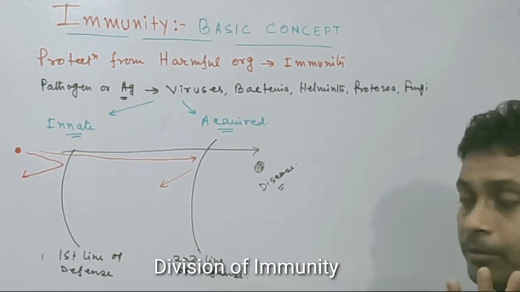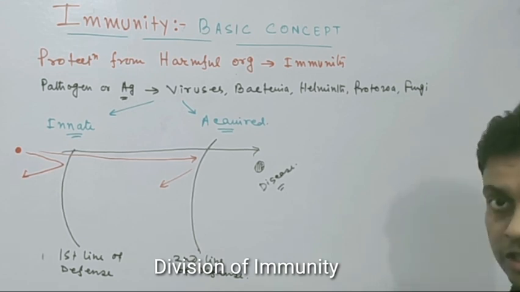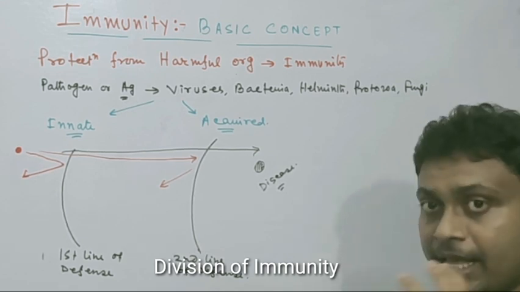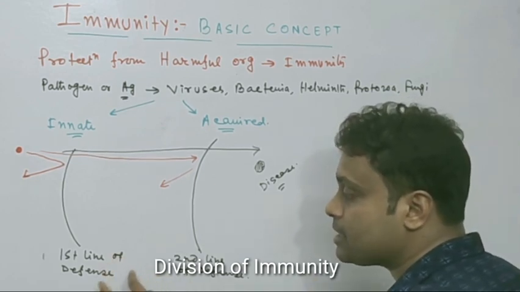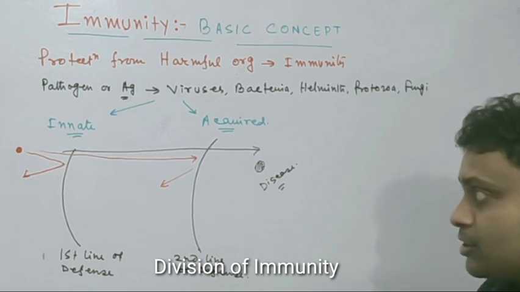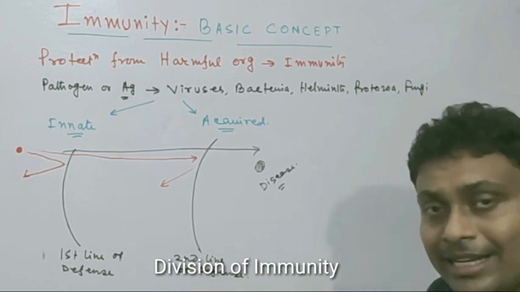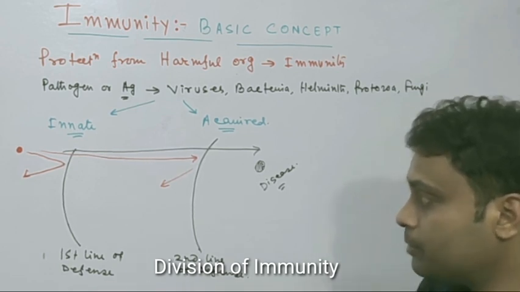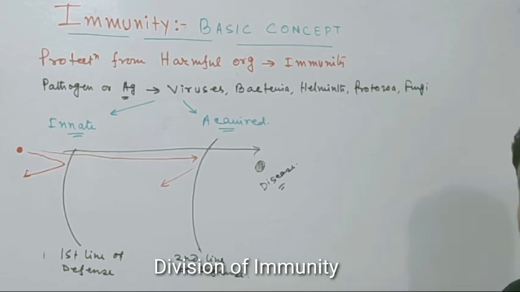But yet if our immunological system cannot kill this pathogen in the first line or the second line of defense, then this pathogen will cause the disease. So we can understand how important the first line and the second line of defense are.